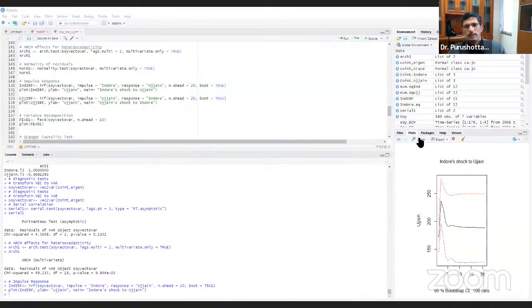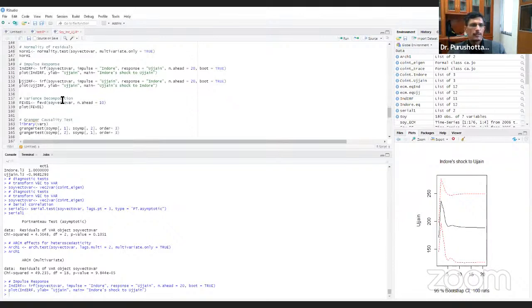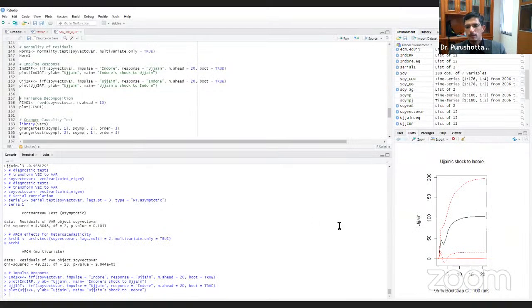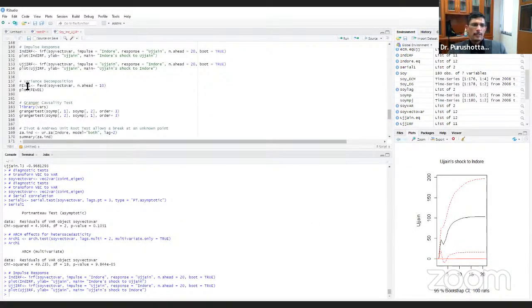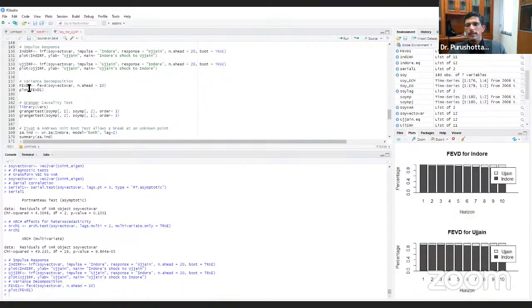So this is the response function for Indore, and similarly for Ujjain also. Variance decomposition, this is a kind of forecast error variance decomposition. So this is for the Indore series and this is for the Ujjain series.